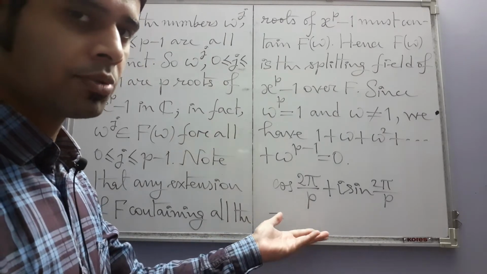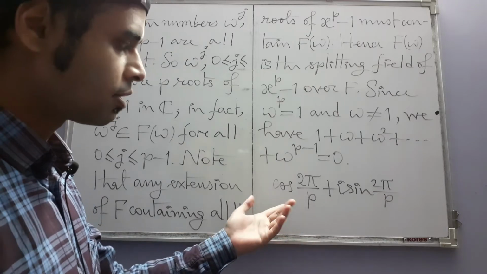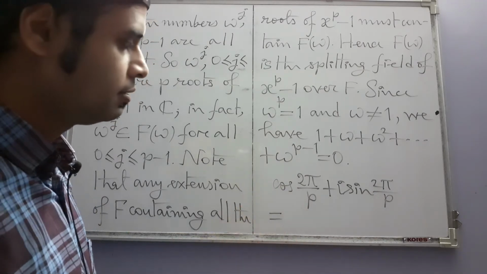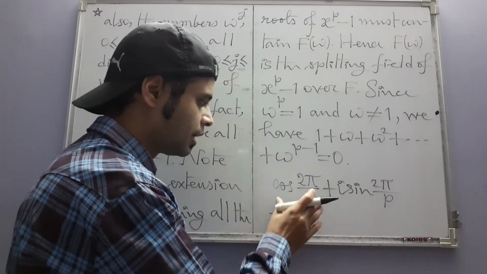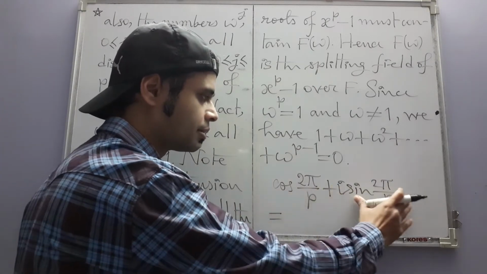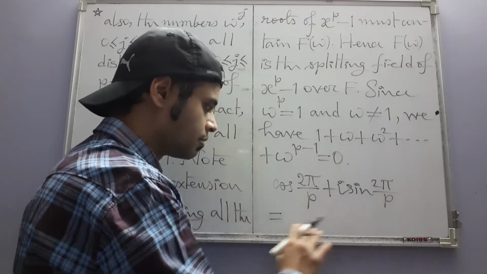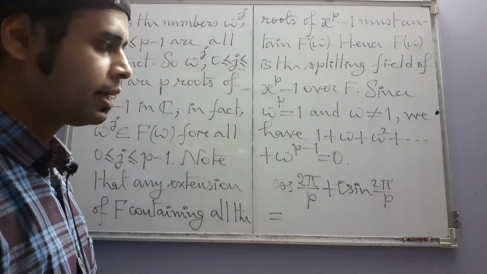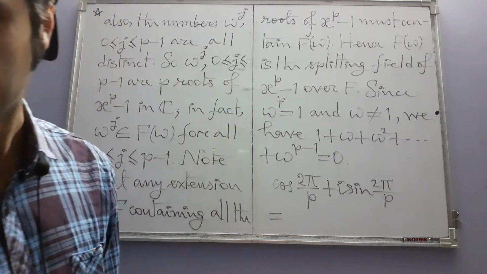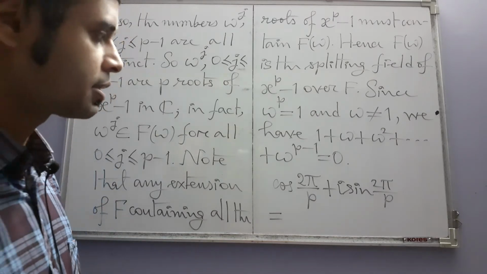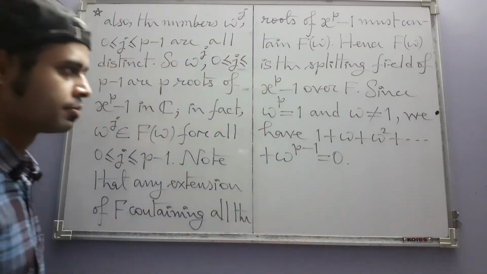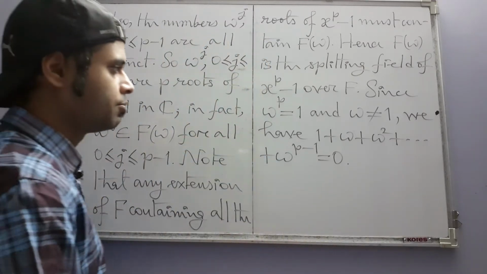It's just a simple thing to see why this is not 1 when p is odd. I leave that to you. For this to be equal to 1, of course this should be 1 and this should be 0. Then from the properties of cosine and sine functions, you will see that something will be contradicted if you forcefully suppose that. That is why omega is not equal to 1.